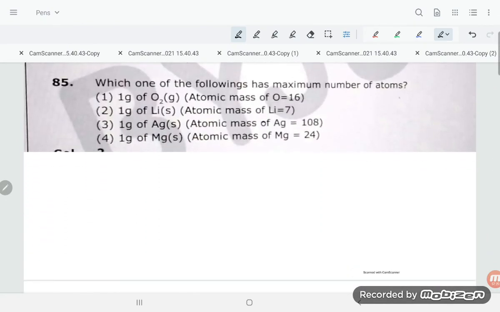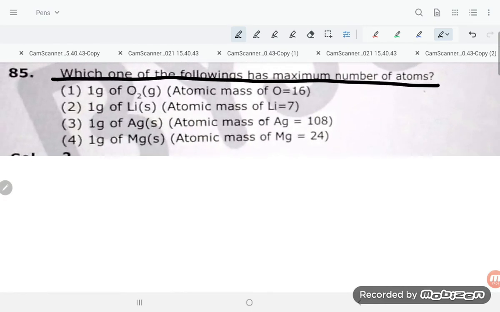85. Which one of the following has maximum number of atoms? So for the first one, if you are taking the number of atoms, what is the formula? N is equal to small n into Na.